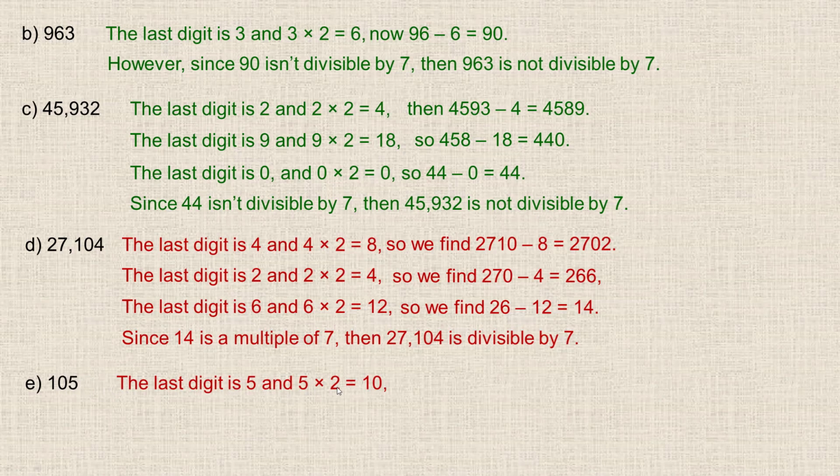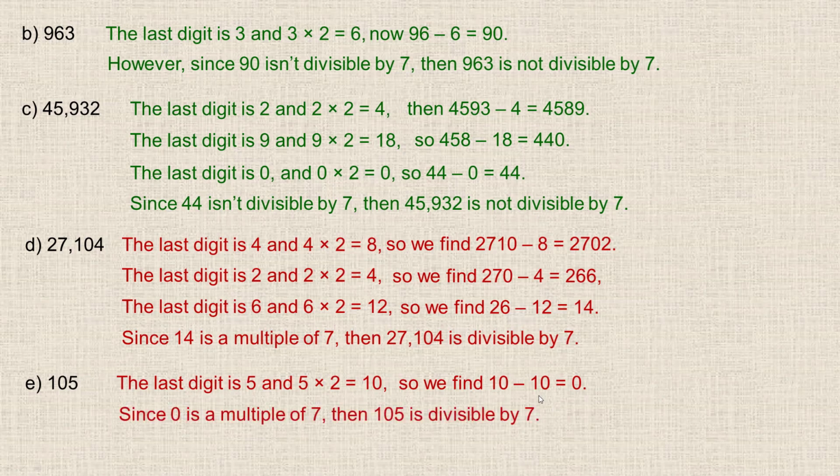If we double 5, or multiply 5 by 2, we get 10. The 5's gone, so it's 10 that's left to be subtracted by this 10. So 10 minus 10 is 0. And of course, 0 actually is a multiple of 7. It's 0 times 7. So that means that 105 would be divisible by 7.